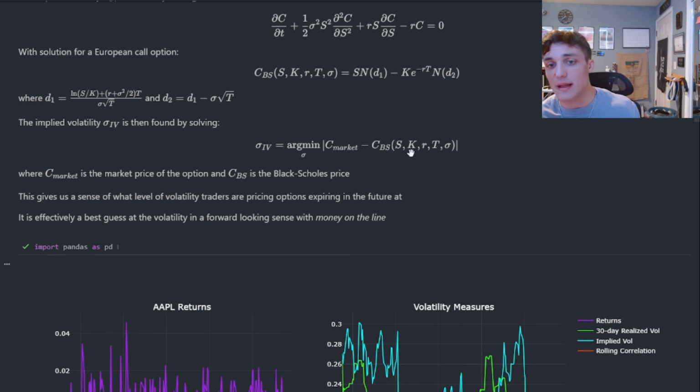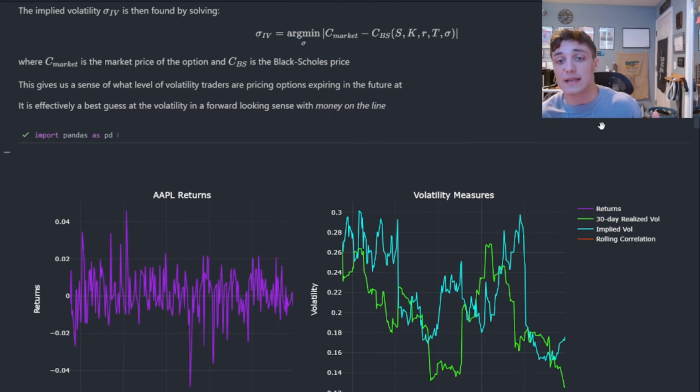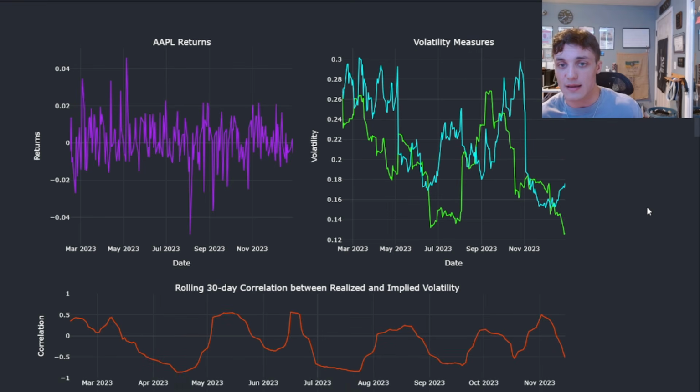Well, given the Black-Scholes model, what we can do is use the market option price to back out the volatility required to produce the prices observed in the market. And that volatility required is the so-called implied volatility. This is essentially what traders are pricing volatility at in a forward-looking sense.